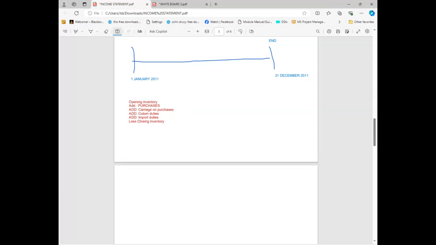Are you okay? No problem. But this has got its own formula. For you to find these purchases, you will always take your purchases, you less purchases returns, you less any settlement discount received.